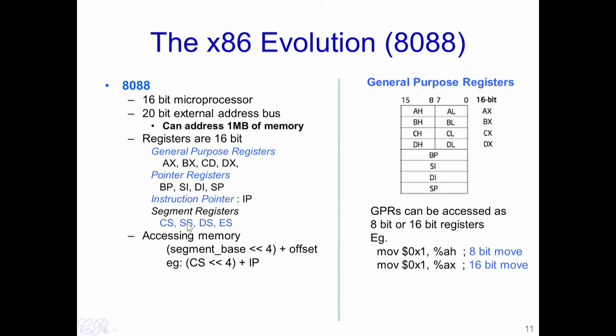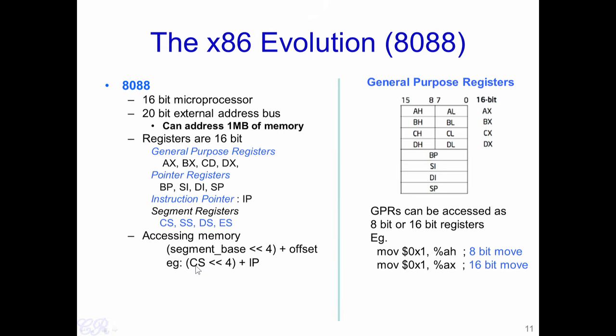Now, in order to load or store an instruction or data in memory, the 8088 processor would take the segment base, that is one of the segment registers which forms the base, left shift it by 4 and add an offset. For instance, in order to fetch one instruction from the memory into the processor, the CS register would be used.